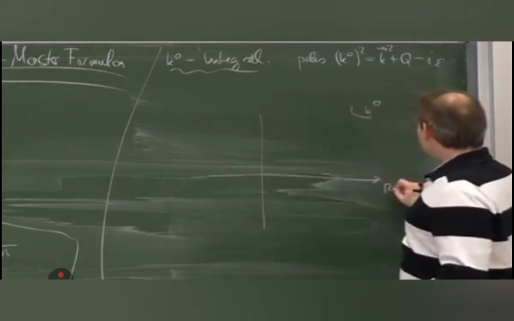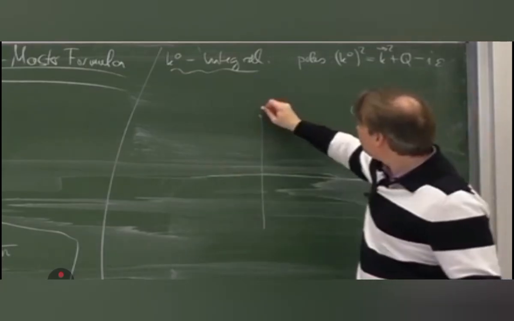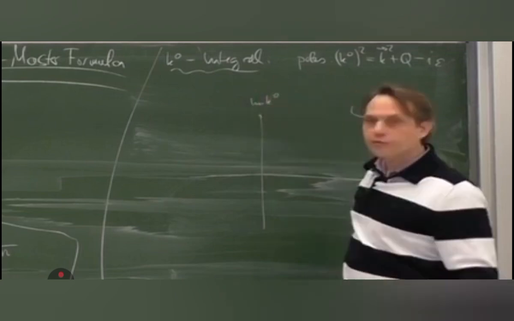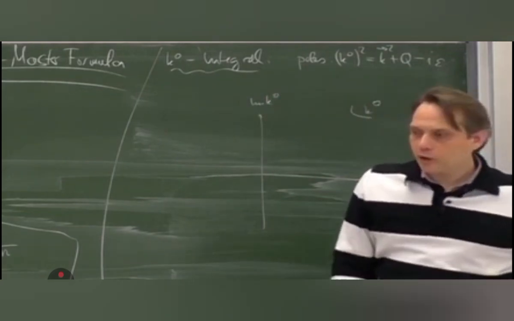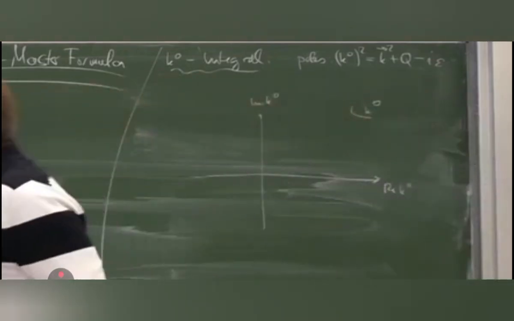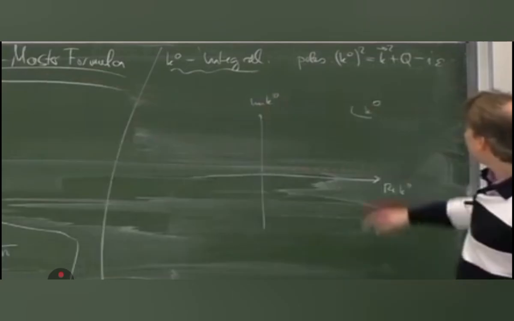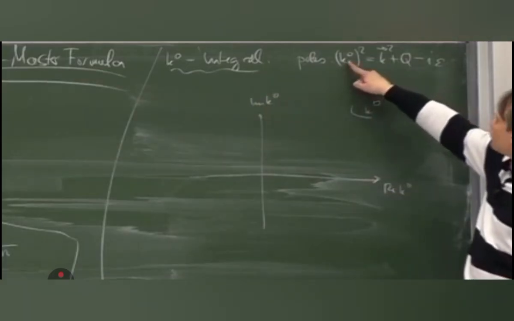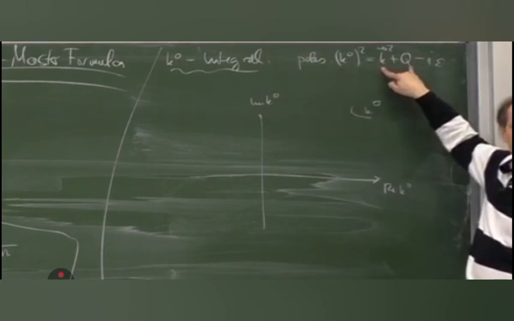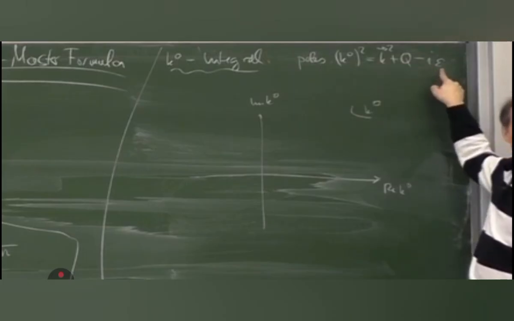Here is the real part of K0. Here is the imaginary part of K0. And let's draw into the complex plane the location of the two poles of the integral. Where are the poles? The poles are at K0 square equal a positive real number minus I epsilon, where epsilon is a very small positive number as well.